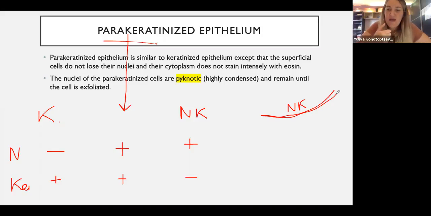I take a bite of an apple and I start chewing on my right side. Agree with me that if every day I keep chewing on my right side, my inner cheek keeps getting damaged, right? Because this is a non-keratinized epithelium. It is very thin. It doesn't have keratin to protect the tissue.